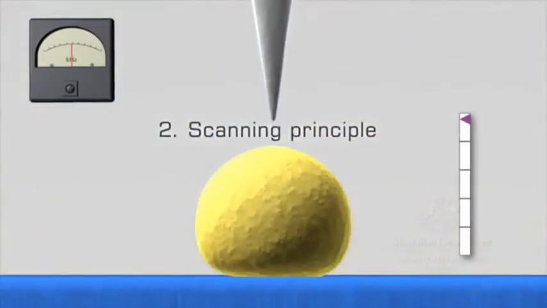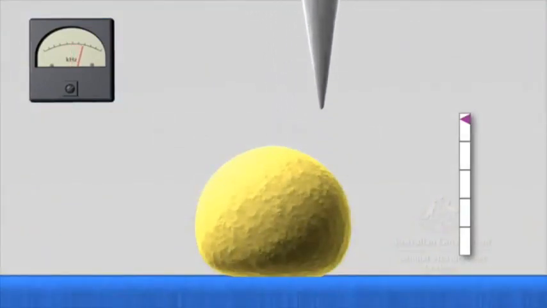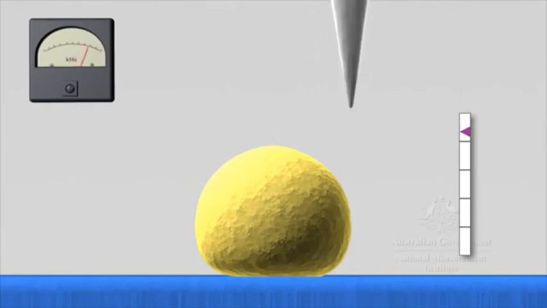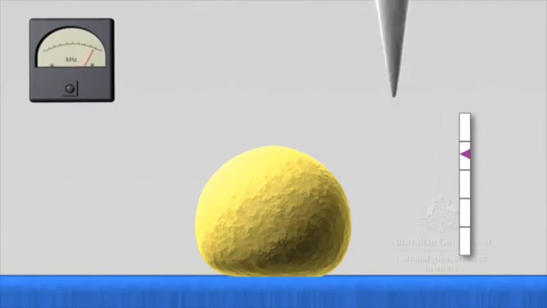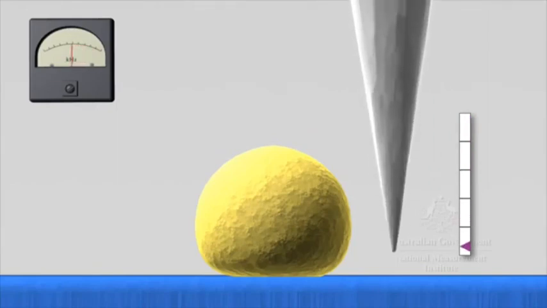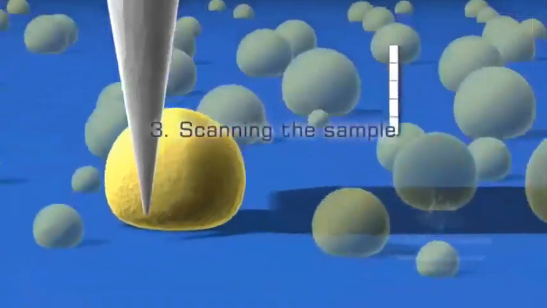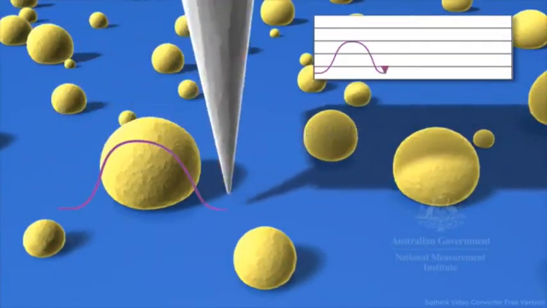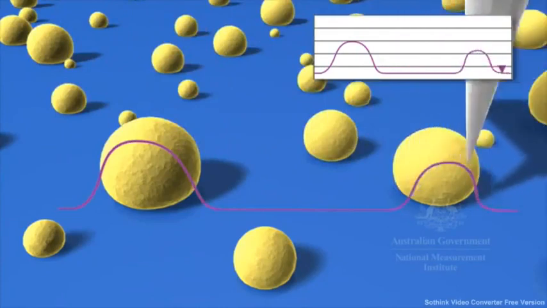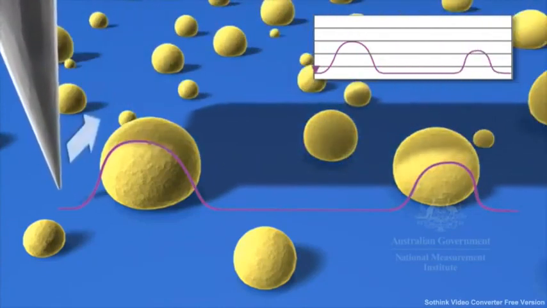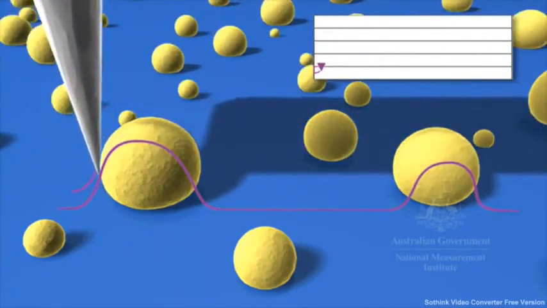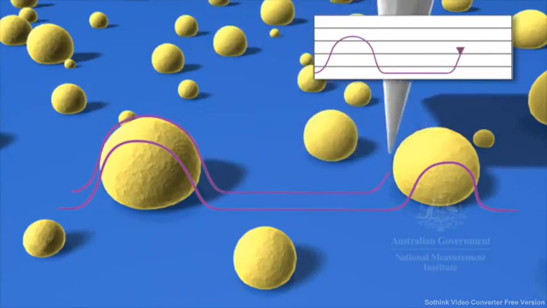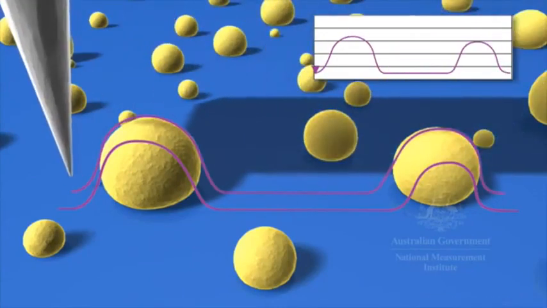Two, scanning principle. If the tip is scanned across the sample, the tip height is adjusted by feedback to keep the cantilever vibration at the set point and the distance between the tip and the sample constant. Three, scanning the sample. As the tip is raster scanned across the sample, the tip height is adjusted to keep the cantilever vibration at the set point, and so the tip follows the topography of the sample.